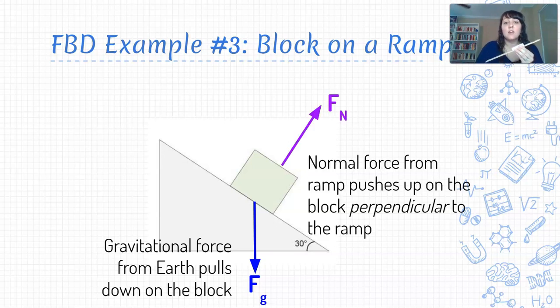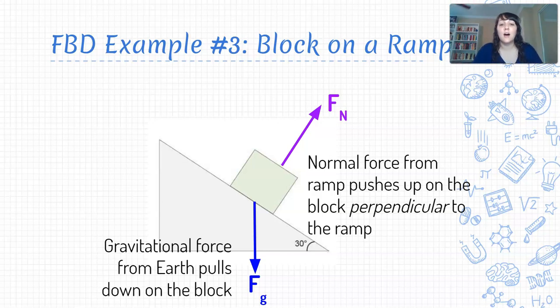There is also then a normal force that the ramp is exerting upon our block. And again, normal force is always going to be perpendicular to the surface that's supporting our object. And so it's kind of going out at an angle right now because our surface is at an angle as well.